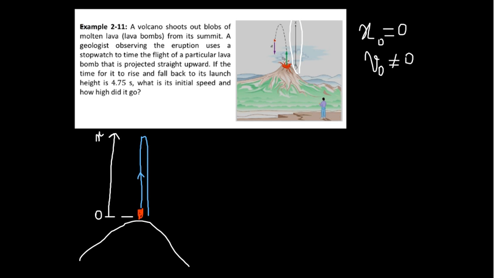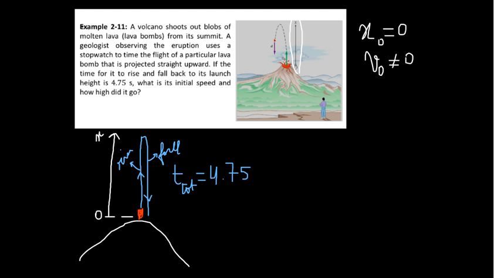So this is the rise and this is the fall. And he's telling me that the entire time, the total time for the rise and fall, is equal to 4.75 seconds. What he wants to know is, what is the initial speed first, and how high did it go?